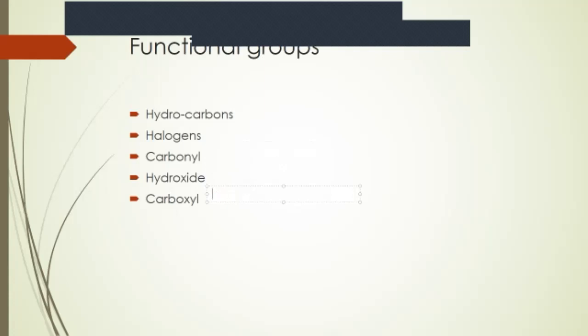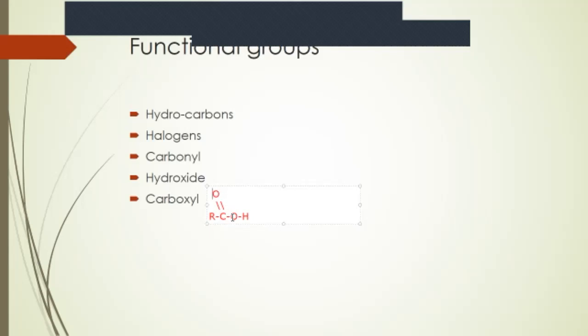Carboxyl, okay, carboxyl. You've got the same thing. The carboxyl, which is R, as I told you, R can mean anything. I mean, anything can stand there. CO, but then this is where the difference comes in. Now, the difference is that we've got OH.